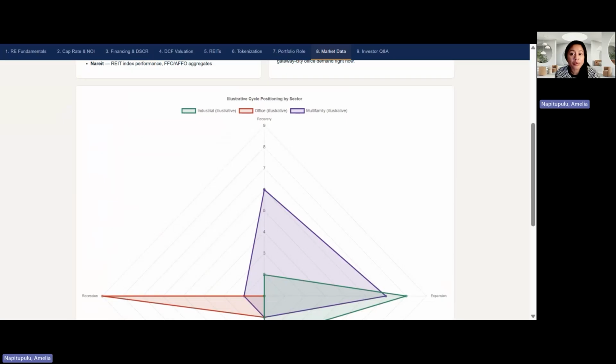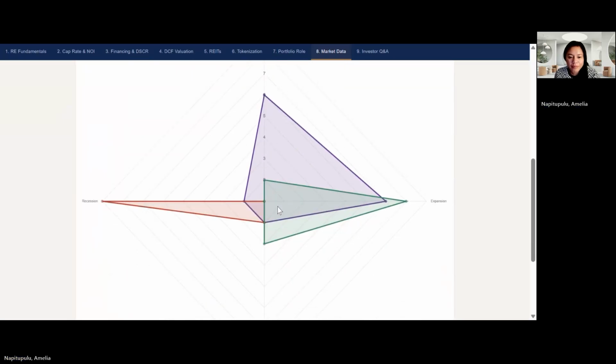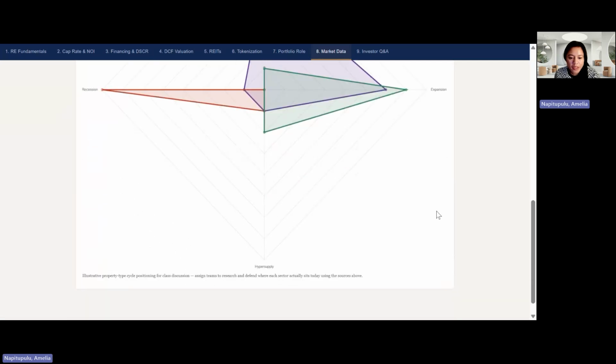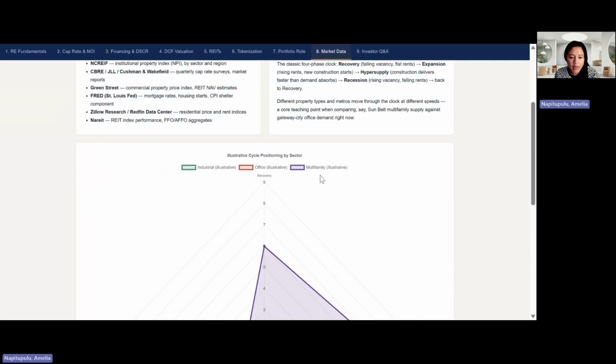National vacancy has actually improved because top tier buildings are filling up fast. However, older buildings are struggling. Meanwhile, industrial and multifamily are in a much steadier spot. And so you'll see here expansion, hypersupply, recession, and recovery.